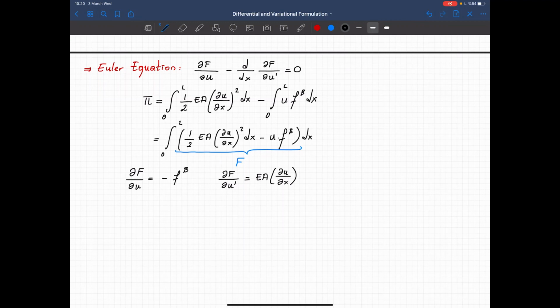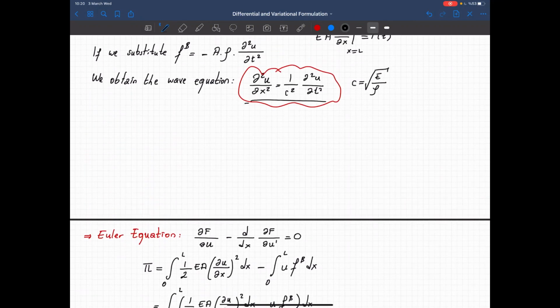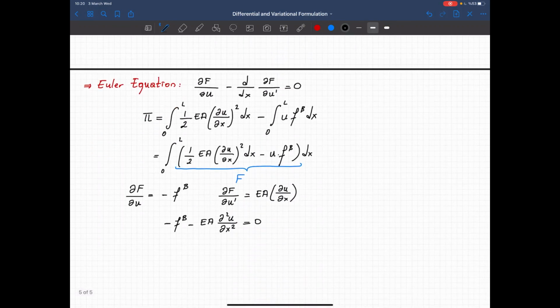So if you use this solution, then I end up with minus FB minus EA ∂²u/∂x² must be equal to 0, and again from that we'll obtain the same wave equation.